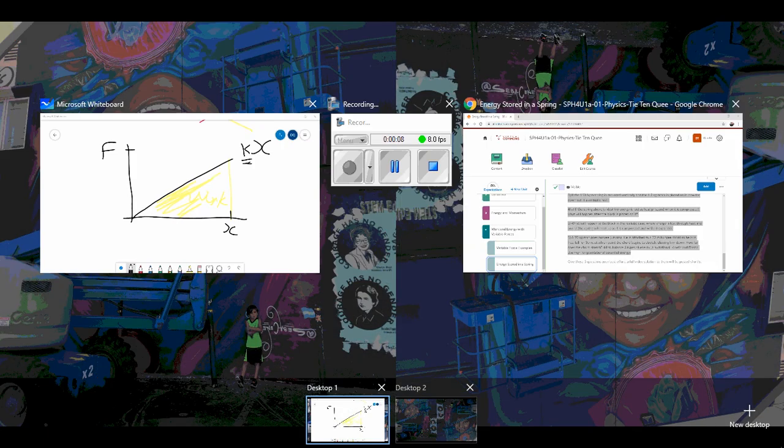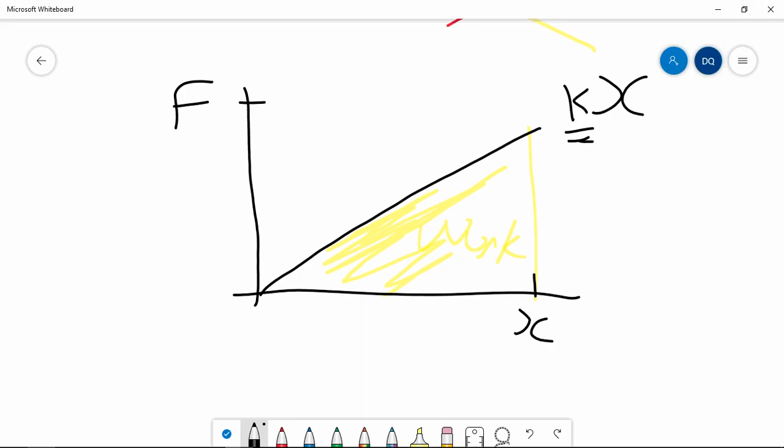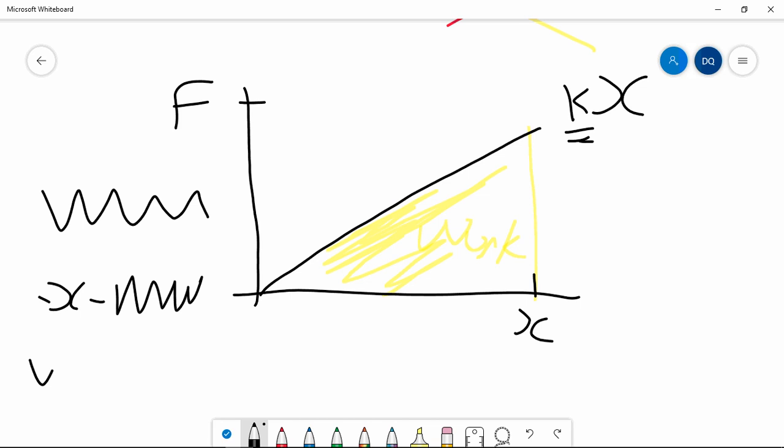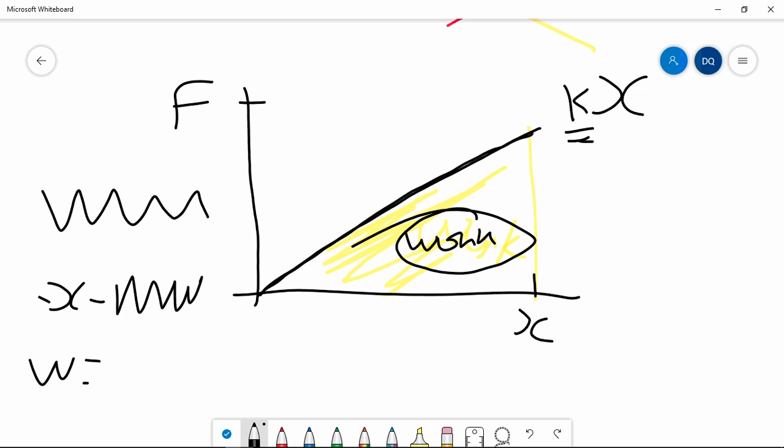So if I have a spring and I want to compress it a distance x, the amount of work is going to be equal to the area under this line, where the line is defined by the graph kx. So the area is half base times height.